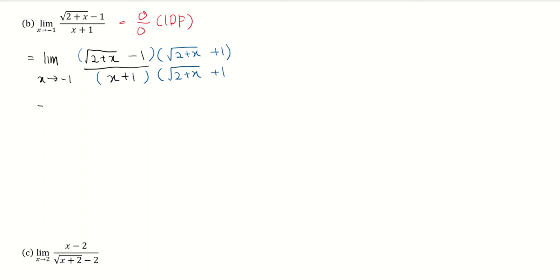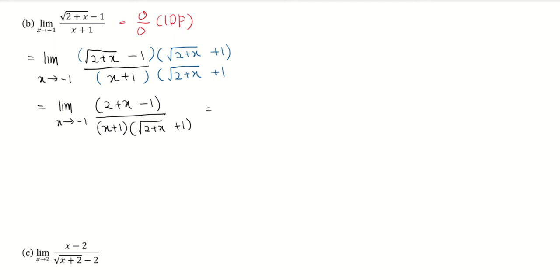I'm going to expand the numerator only, because in the denominator we already have the factor x plus 1 that we're going to eliminate later. So limit of x approaches -1. Expanding the numerator, we get 2 plus x minus 1 over (x plus 1) times (square root of 2 plus x plus 1).